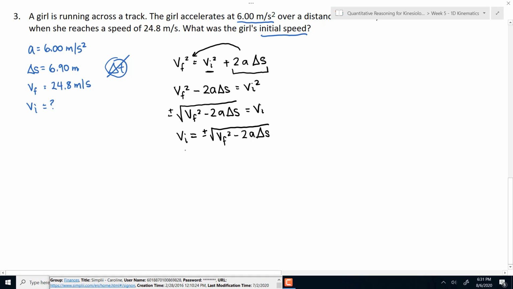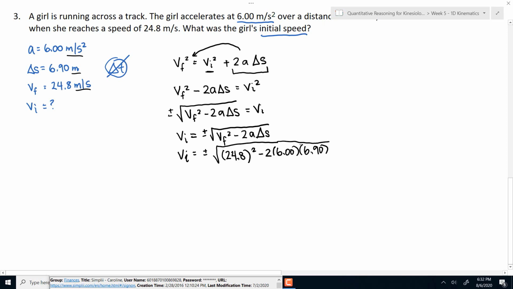All right, so now we're going to sub in everything that we know. V initial is equal to plus or minus the square root of V final, which was 24.8 squared, minus 2 times the A value, which was 6.00, times delta S, which is 6.90. Notice that all the units given were SI units. I don't bother to include them in my equation at all.